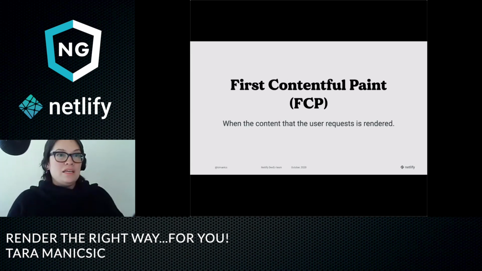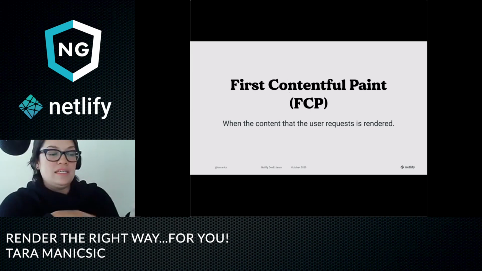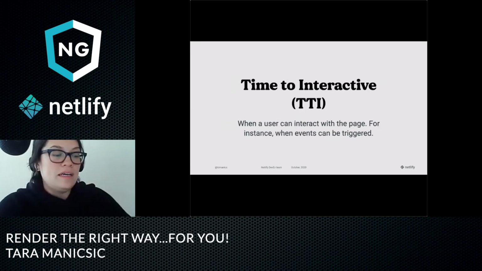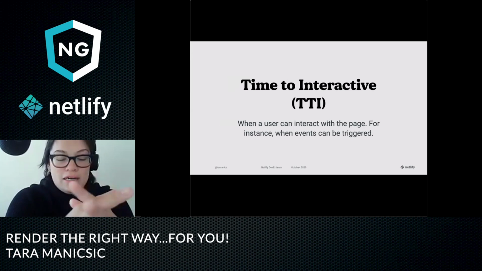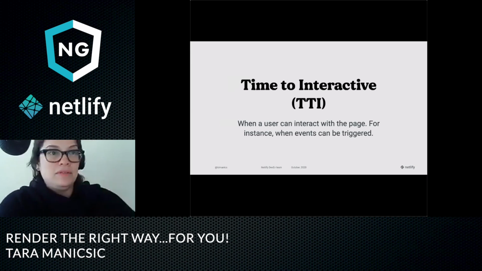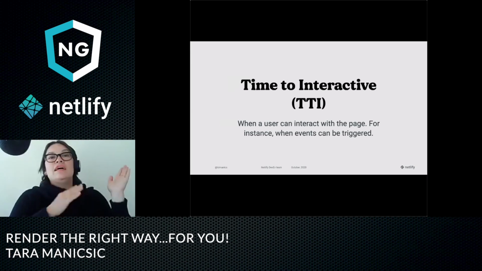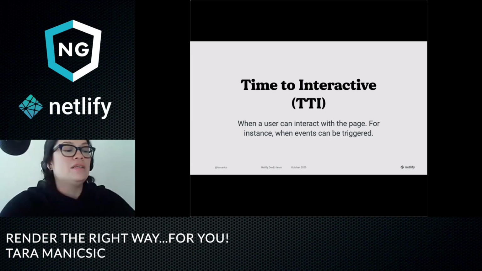First contentful paint is when the content that the user requests, whether in a click or a navigation, is actually rendered. And then there's the time to interactive, which is really important when we talk about universal rendering and the Jamstack approach. So this is basically when a user can interact with a page. You can see all the paint and everything, but when can they actually do something and trigger events on the page?